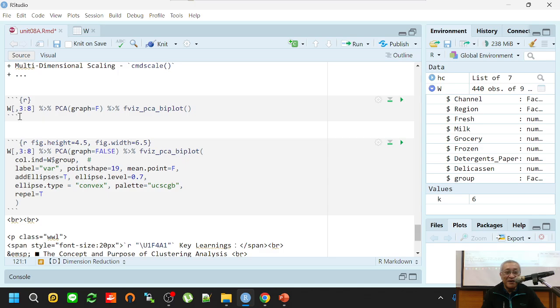Say we have all of these 6 product categories, and we want to map the subjects into this 6-dimensional space.